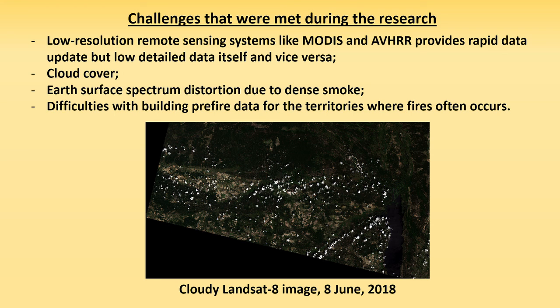In some areas, cloud cover is almost permanent and there is no possibility to get optical data. Also, it is rather difficult to build profile data in a particular territory that often suffers from wildfires. We just have no possibility to perform it on burned areas.